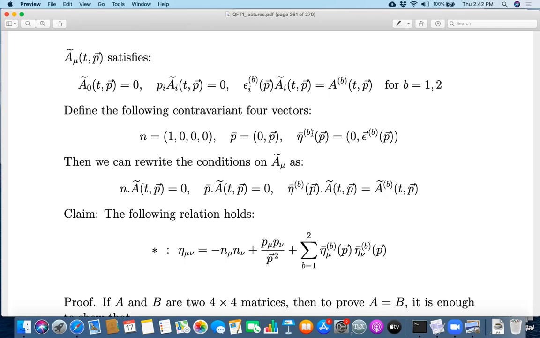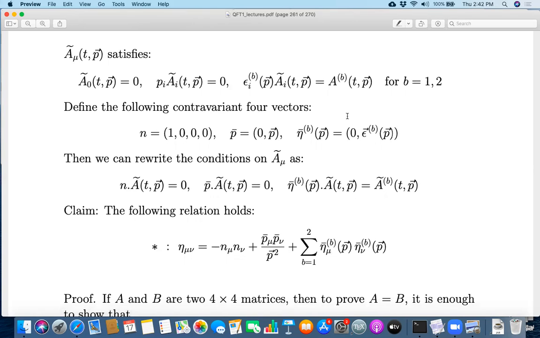And eta bar b, for b equal to 1 and 2, are again 4 vectors whose zeroth component is 0, and the spatial components are given by epsilon b. You can easily see that this forms a linearly independent basis in 4 dimensions: 1 here, 1 here, and then 2 of them here. That's the 4 independent basis vectors. So then these conditions that we have here can be written as n dot A tilde is 0, p bar dot A tilde is 0, and eta bar b dot A tilde is A tilde b.